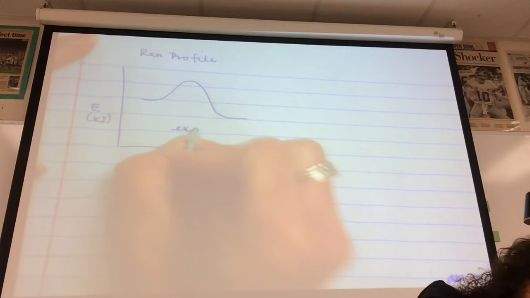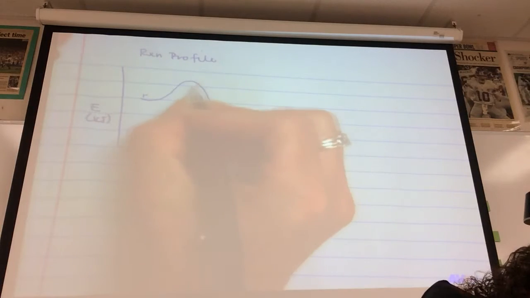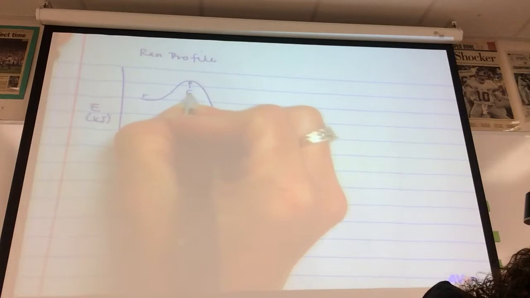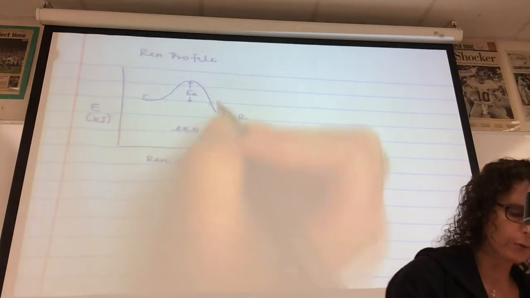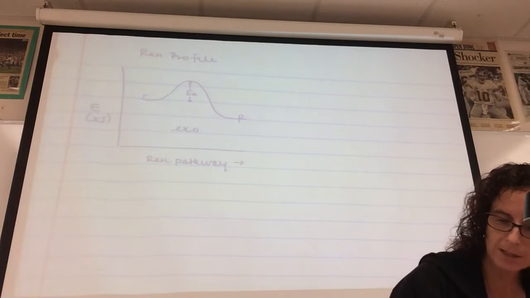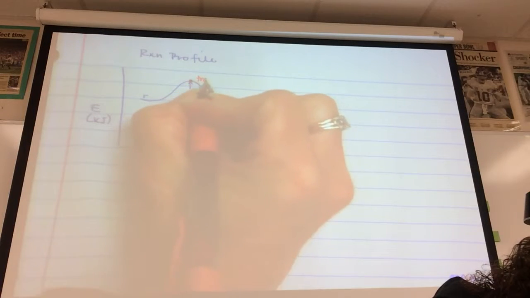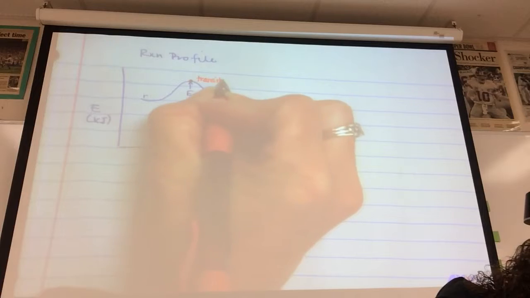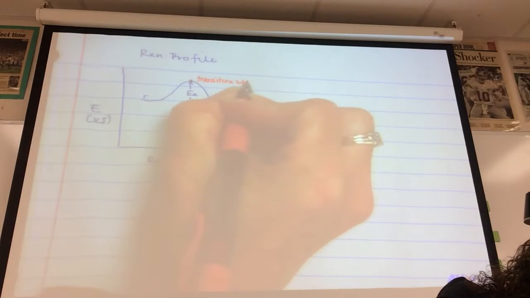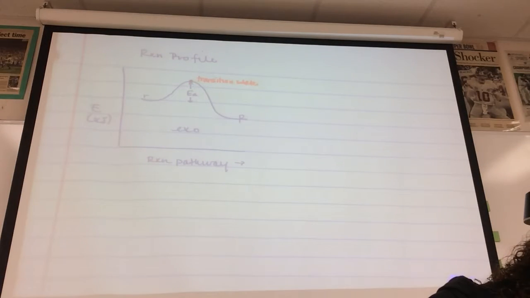So this would be exothermic, where you have reactant, R for reactant, P for product. Activation energy is the minimum amount of energy required for the reaction to occur. That's always from reactant to the tippy top. The point on the curve at the highest point is the transition state. We're going to get into that much more in a little bit. The activated complex would be the molecule as the reactant bonds break and the product bonds form.